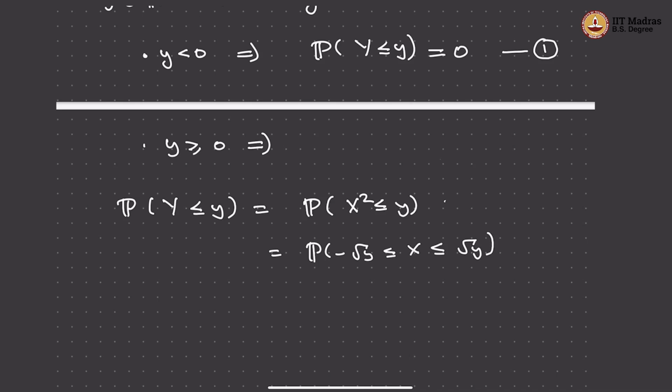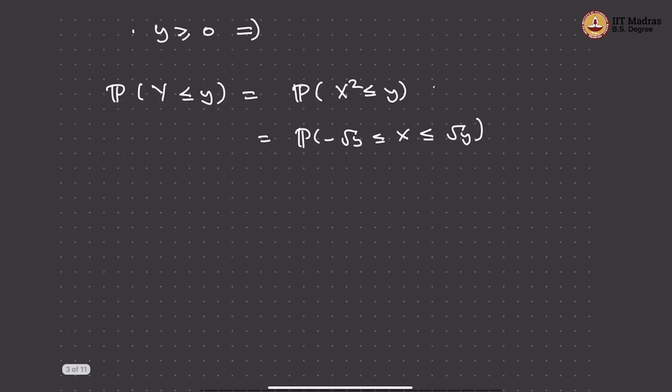So now that's going to be just the integral from minus root y to plus root y of the normal density, which is e to the minus x squared by 2 over root 2 pi dx. That's exactly what it's going to be.